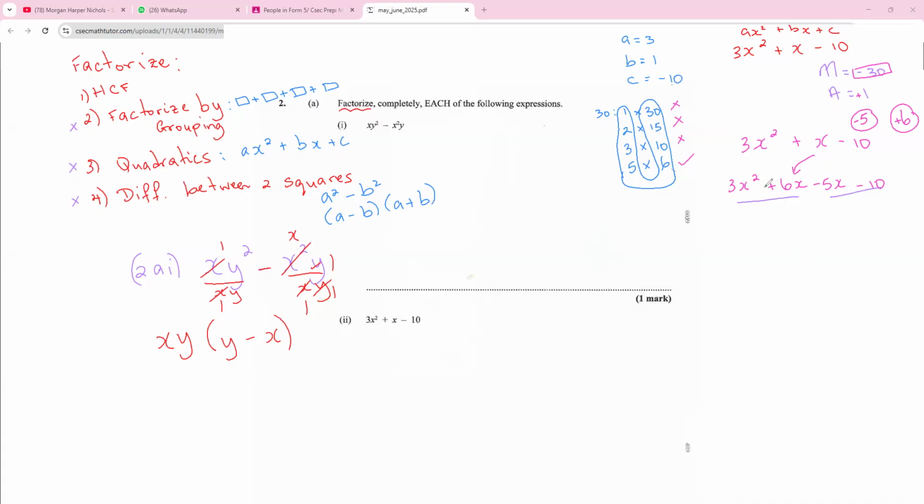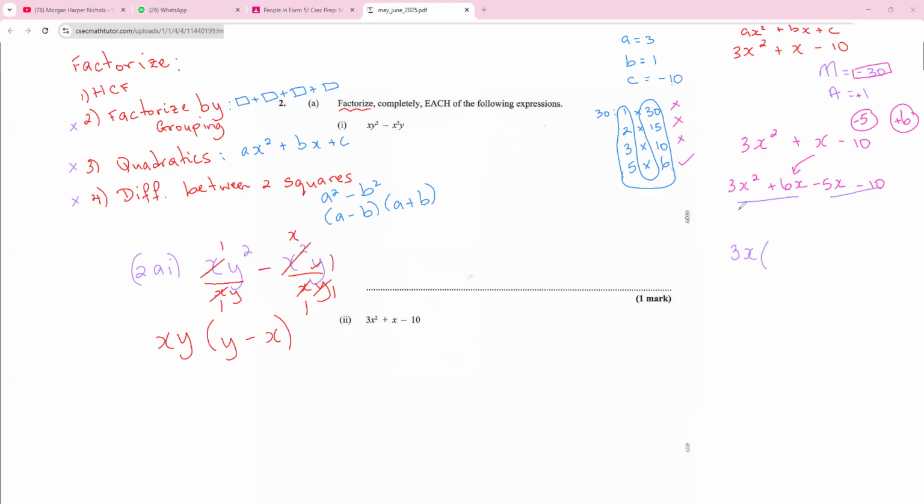We're going to look at the first pair, and we're going to factorize by HCF. So you're going to look at the numbers, pull out the HCF, the highest common factor of 3 and 6, which will be 3. X squared and x, we have x throughout, so we're pulling out x, the x with the lower power.